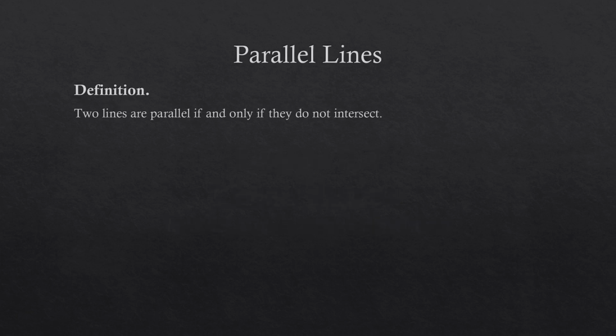All right, so begin with the parallel lines definition. Two lines are parallel if and only if they do not intersect. That means there are no common points on the two lines. So these guys, yes, parallel, right? They look like they have the same slope.